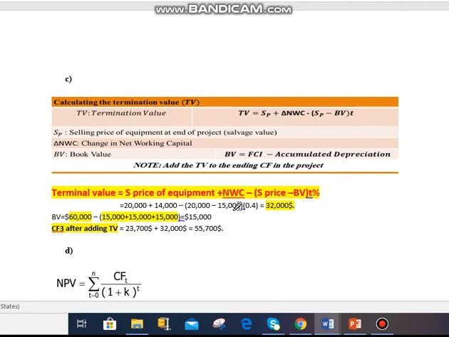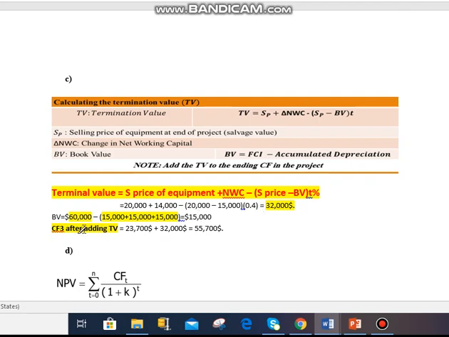In order to calculate the book value, the book value equals the fixed capital investment minus the accumulated depreciation over the 3 years, so the depreciation for year 1 plus year 2 plus year 3. So that's how we calculated the book value. Then we multiply the selling price minus the book value times the tax rate. So it is equal to 32,000.